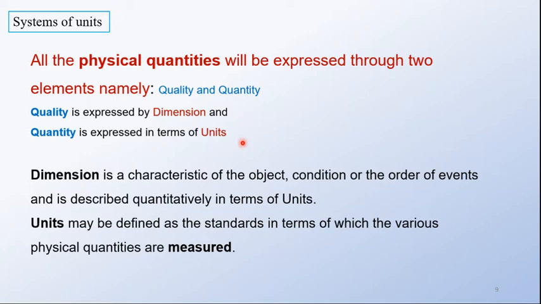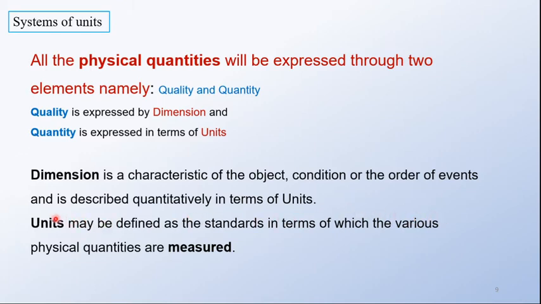So it is a characteristic of an object, a condition, maybe a temperature, maybe it is flowing, and then the order of events, in the sense that time comes into the picture: which is earlier, which is later, and how late it is. So, what you want to talk about, the answer is dimension.